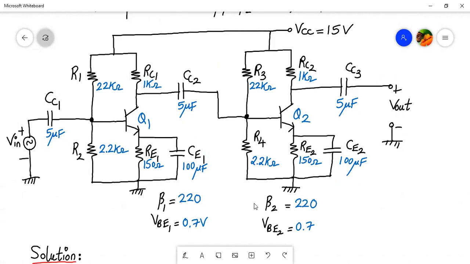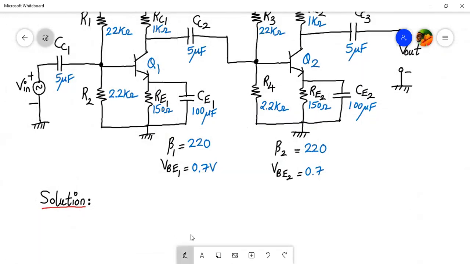Also, the transistor parameters of both the stages are the same. So both the stages are symmetric, we can easily say. Since we have used an RC coupling scheme, the Q point of the first stage won't disturb the second stage. So if I find the Q point for one stage, the second stage Q point will also be the same, because all the parameters and the resistor values are the same.